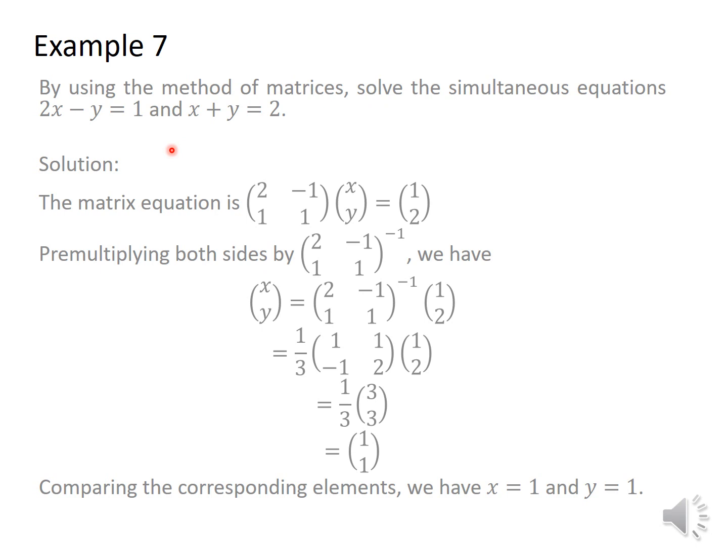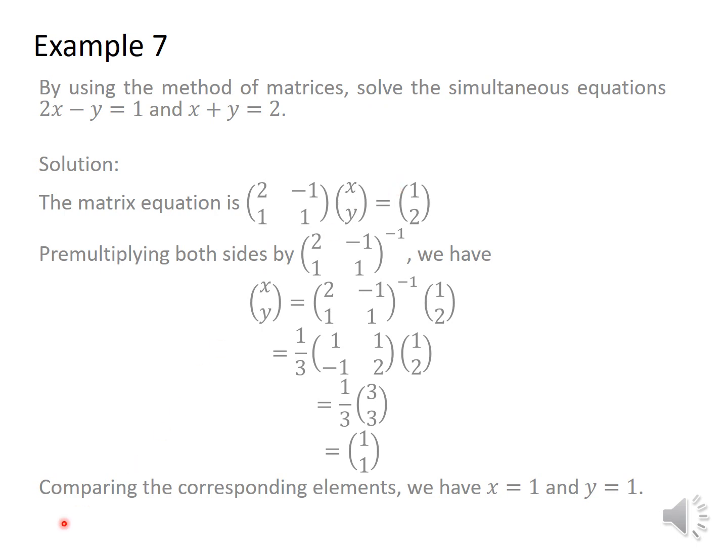But now, we try to solve by using the method of matrices. So we convert these two equations into the matrix equation Ax equal to b. So in order to get x and y, we move the matrix A to the right side, so it will be the inverse matrix.